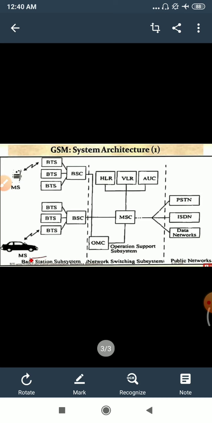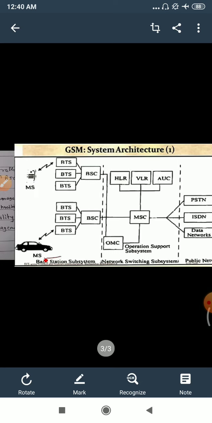Initially MS and BTS are connected by an interface, and lastly NSS and PN, that is the public network, are connected by an interface. You can see the detail in the diagram. So these interfaces we can easily understand by this diagram.